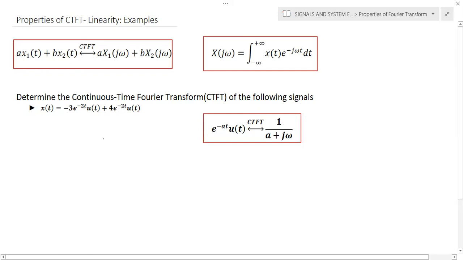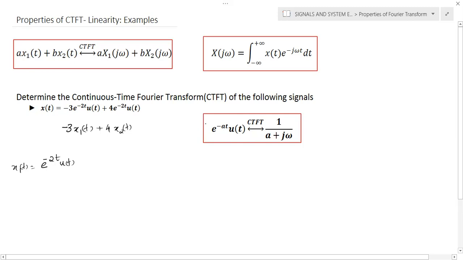If you know this particular result, here you can see there will be two signals. I can modify this equation, assuming this is minus 3 into x1 of t plus 4 into x2 of t. Now we can find the Fourier transform of x1 of t, that is e raised to minus 2t into u of t. Assume that this is the signal x1 of t, and from the standard result, e raised to minus a t into u of t is simply 1 by a plus j omega.